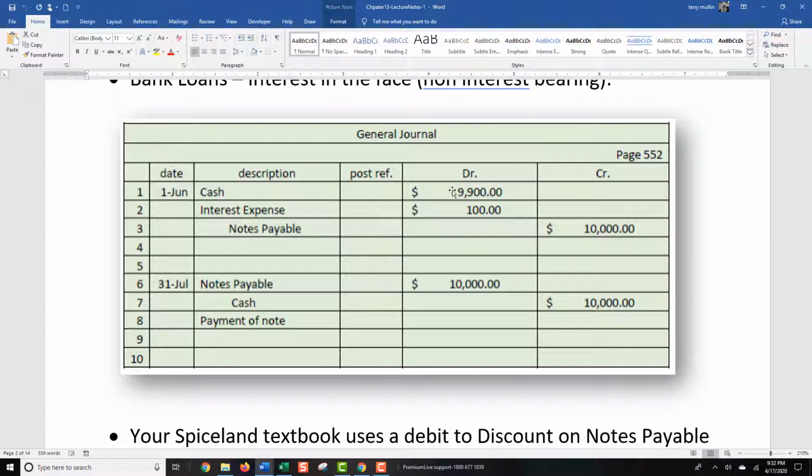You immediately record that as interest expense, and then when you go to record the payment, it's just a debit to notes payable to take the notes payable off the books. It went on the books as a credit. Now you take it off the books and you make the payment of cash as a credit, so a decrease in your cash account.